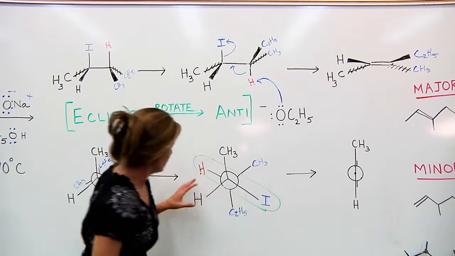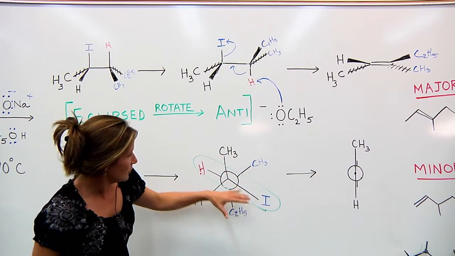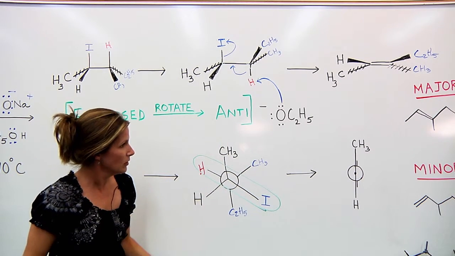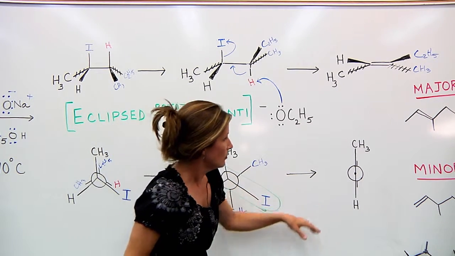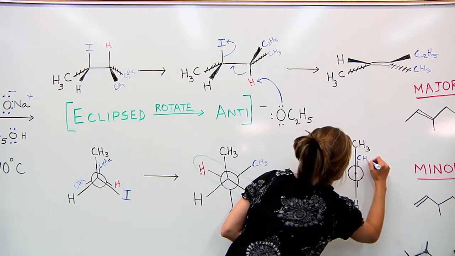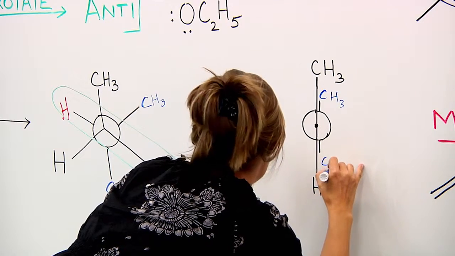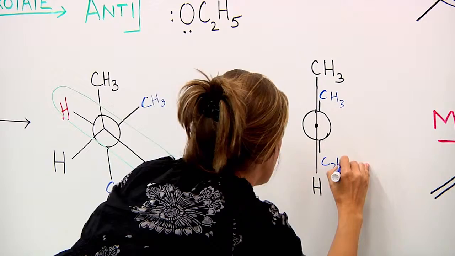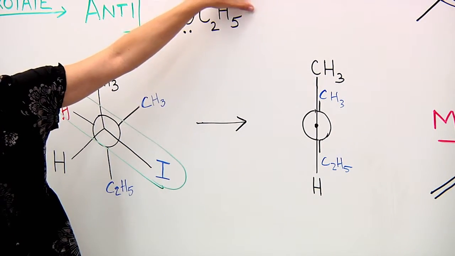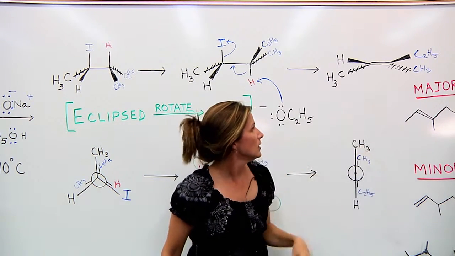You can see the same thing occur in our Newman projection. Once the hydrogen and iodide groups leave, methyl group comes up, hydrogen group comes down. And we can draw that in our new Newman projection. Both the Newman projection and the dash-wedge now represent our major product that has formed.